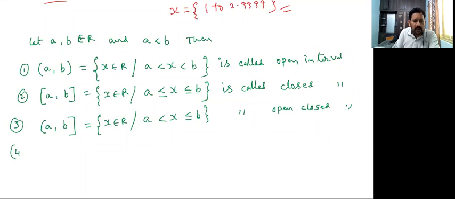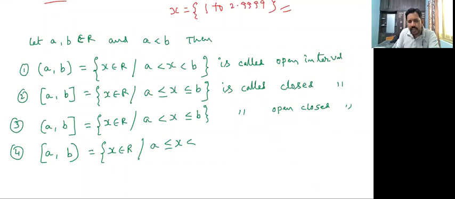Now the fourth one: closed a comma b open. This is x belongs to R such that a is less than or equal to x, which is less than b. It is called a closed-open interval.